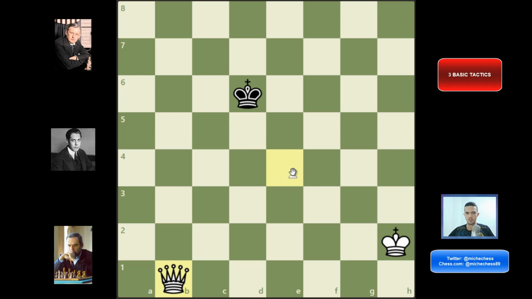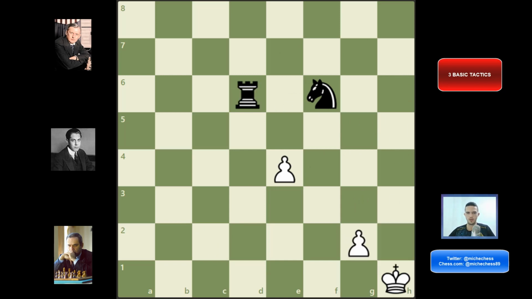Let's see an example with a pawn, and also an example where it's not about the king, because other pieces can be involved in this too. In this position, white can play something really strong with this pawn. They can play pawn to e5. Let's say there is a rook here, so we avoid any surprise.